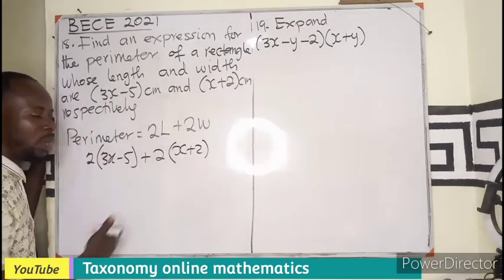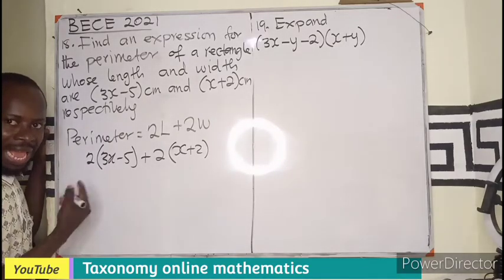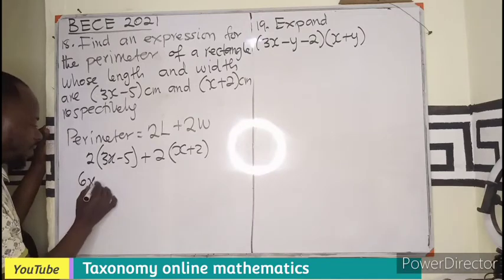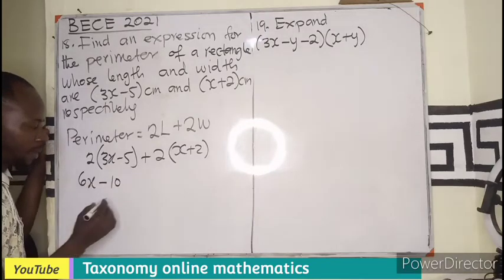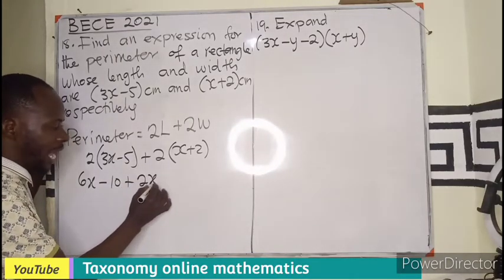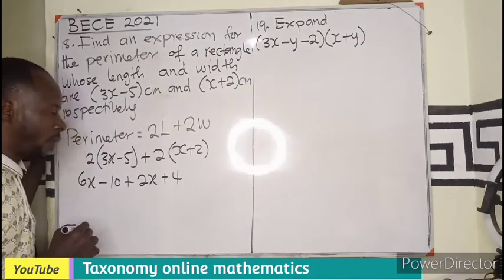So I have to open the bracket by expansion. 2 times 3x will give me 6x. 2 times minus 5 will be minus 10, plus 2 times x will be 2x. 2 times positive 2 will give us what? 4.